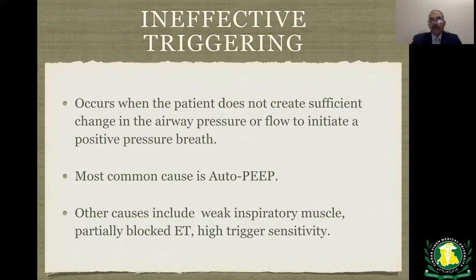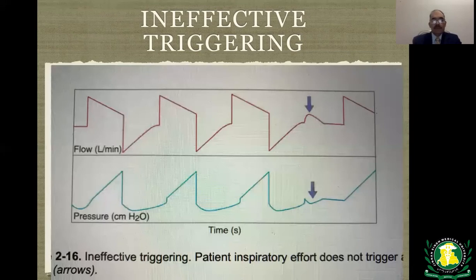Or maybe the respiratory therapist has set the sensitivity too high. The most common cause is auto-PEEPing. Other causes are weak inspiratory muscles, a partially blocked endotracheal tube, or high trigger sensitivity. As you can see in this diagram, at the arrow, the patient's trying to breathe, but the ventilator is not delivering the breath.